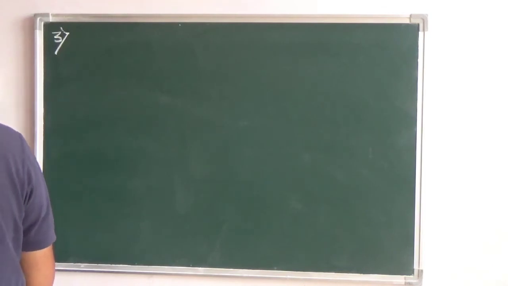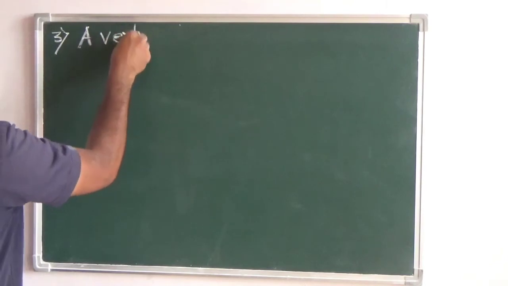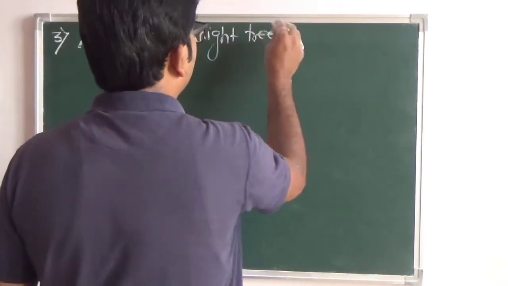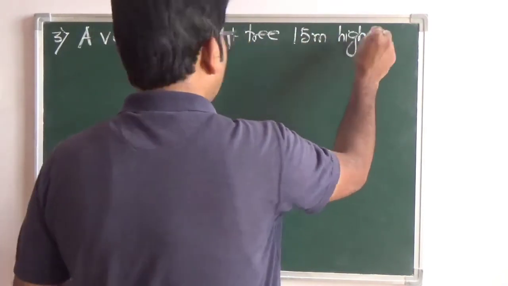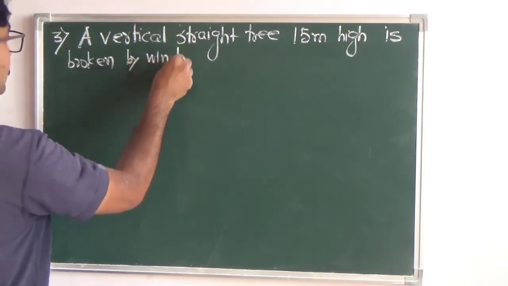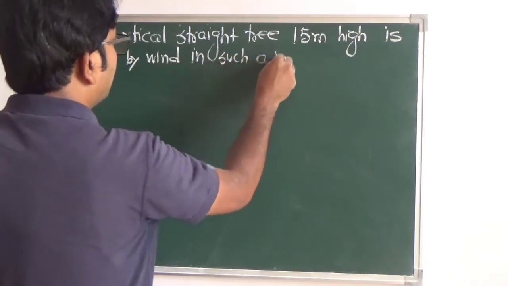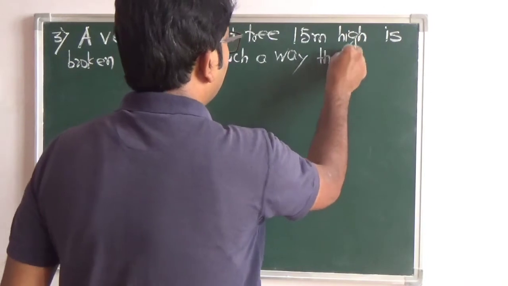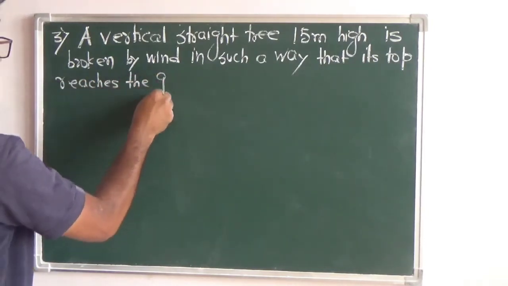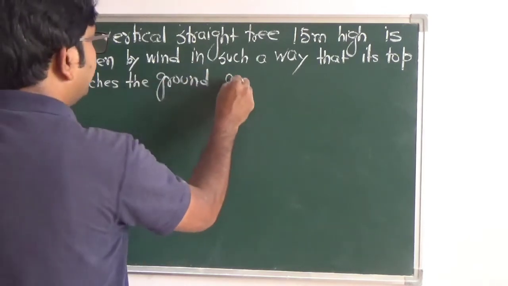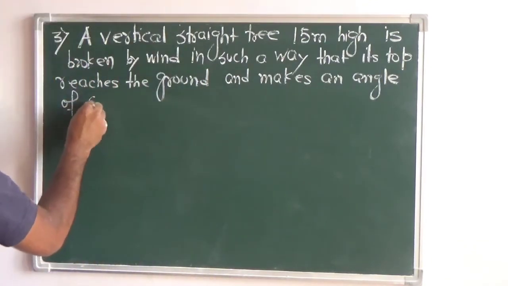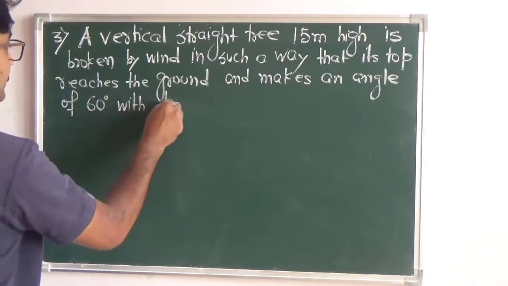The length of a vertical straight tree 15 meter high is broken by wind in such a way that its top reaches the ground and makes an angle of 60 degrees with the ground.